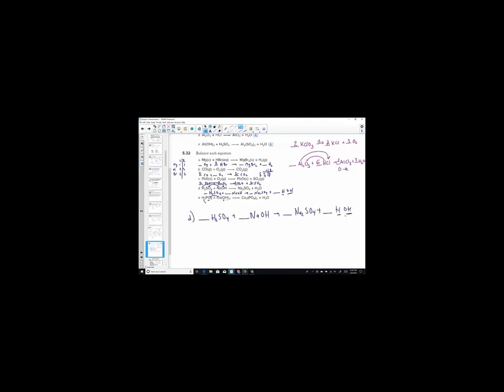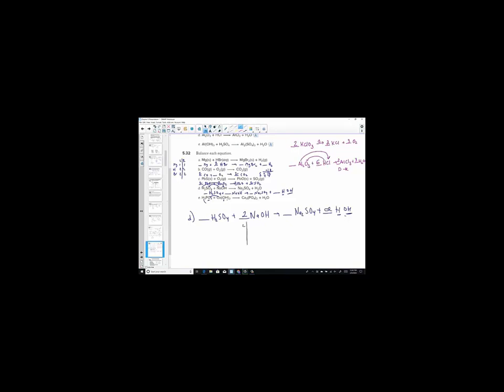Hydrogen hydroxide, that's our water. All right, 2 Nas, let's double the Nas. 2 Nas, 2 Nas, perfect. 1 sulfate, perfect. 2 H's and 2 OH's means we doubled the water.